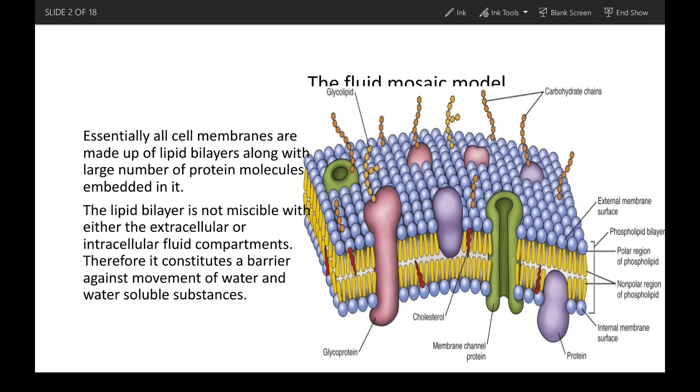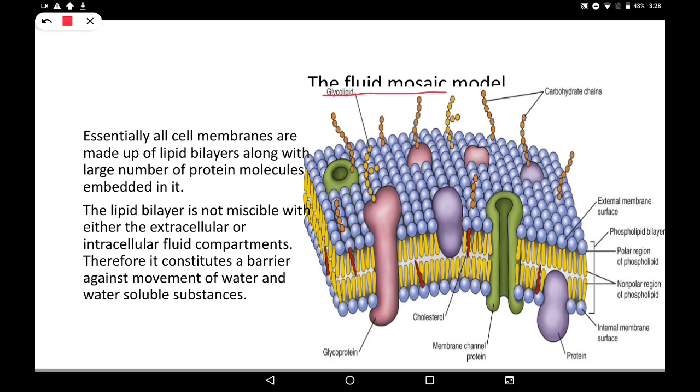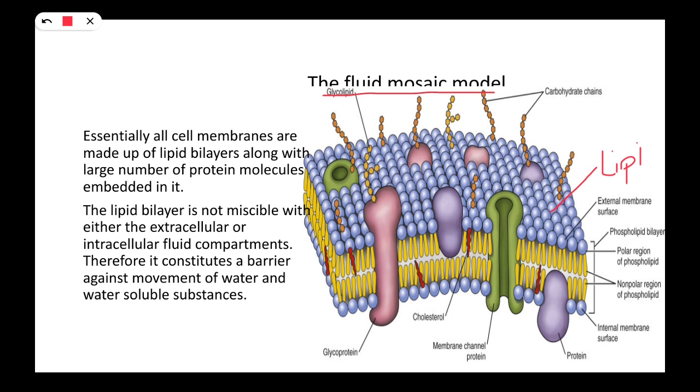Now if we talk about the lipid bilayer, before we start talking about how transport occurs through it, we can see the fluid mosaic model here. In this model, we can see these are the lipid molecules in two layers.